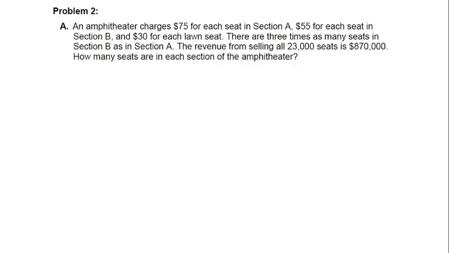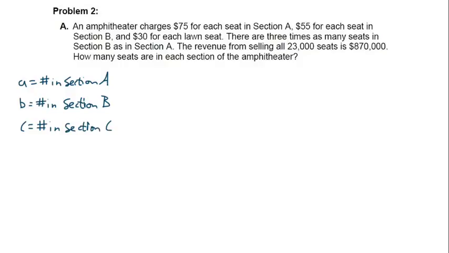So variable A is going to be the number in section A. B will be the number in section B. And C will be the number in section C. Sometimes I pick A, B, and C simply because they picked A, B, and C. But lawn seat would be C for me.